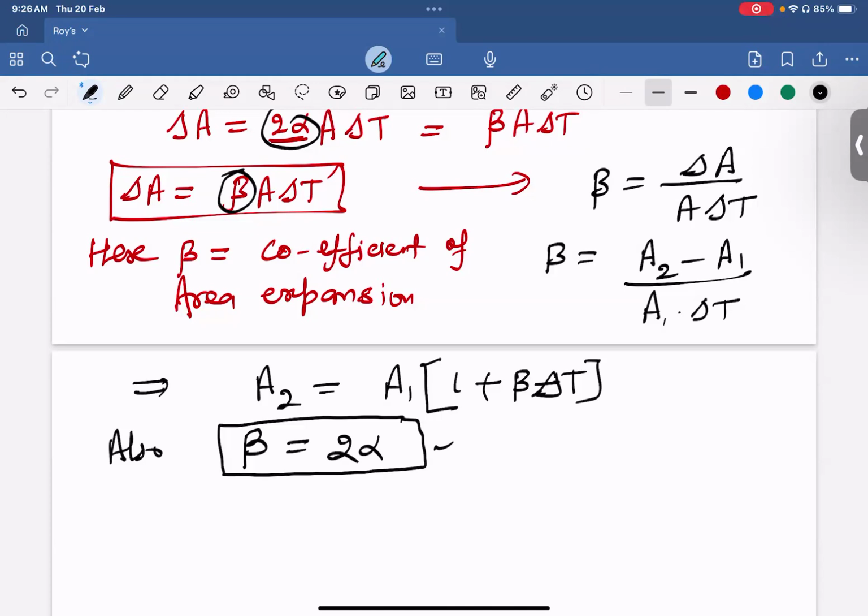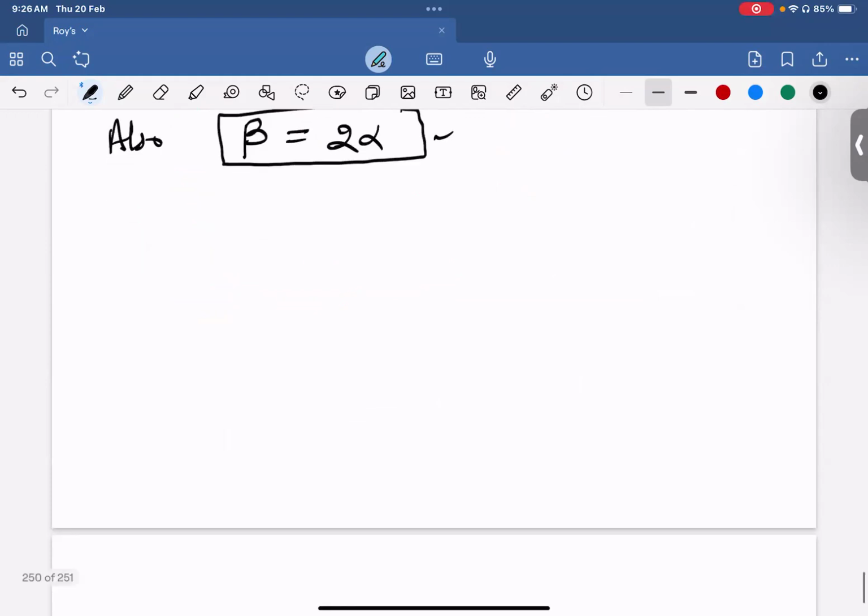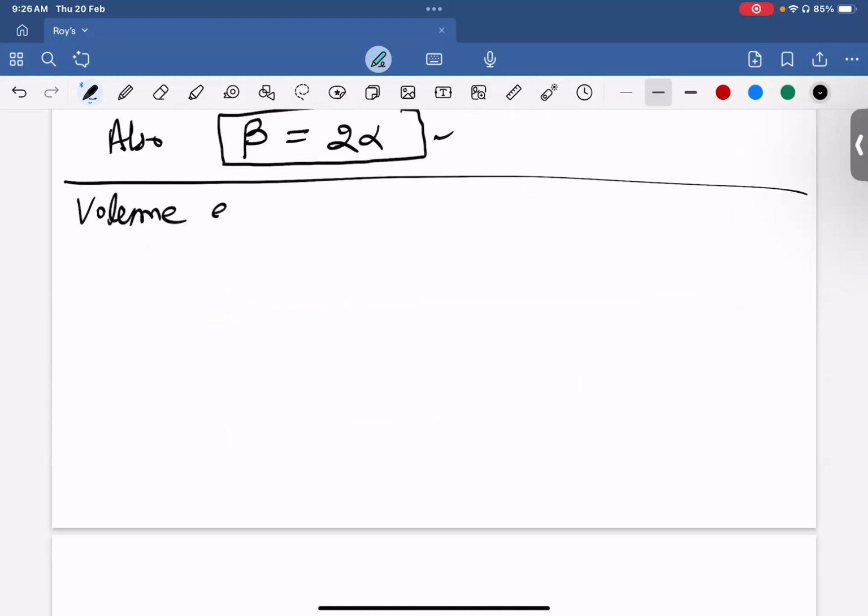Third type of expansion is what we call volume expansion. Volume expansion is basically increase in volume.